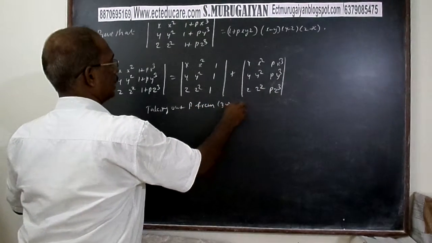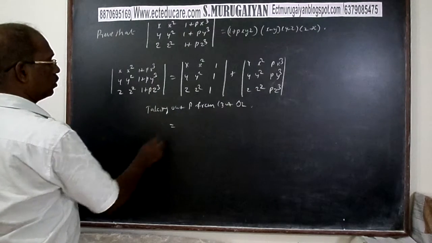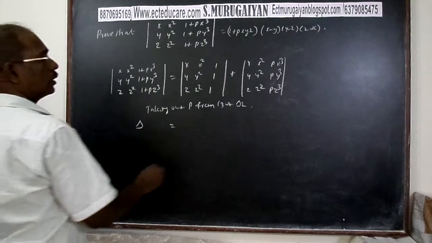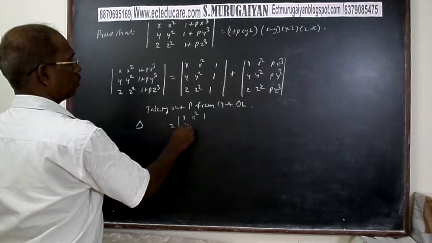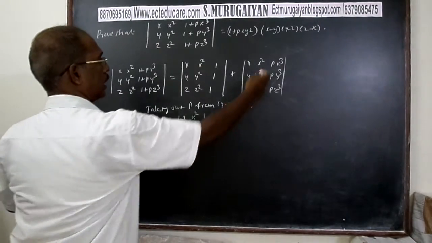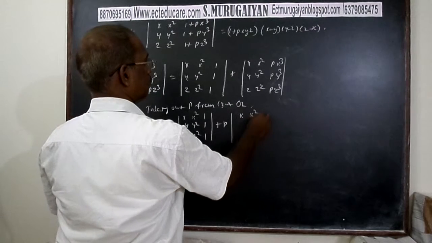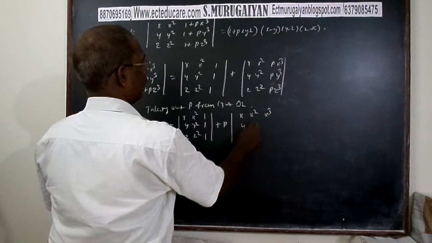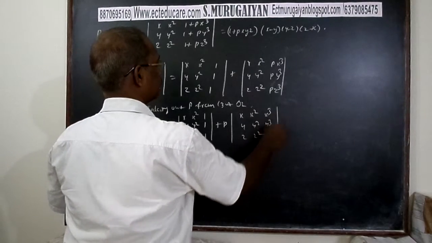Taking out p from C3 of delta 2, the second determinant, delta equals x square, 1; y square, 1; z square, 1, taking out p as a common factor, p times x square, x cube; y square, y cube; z square, z cube.